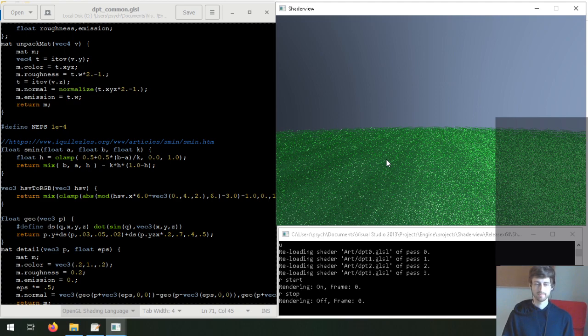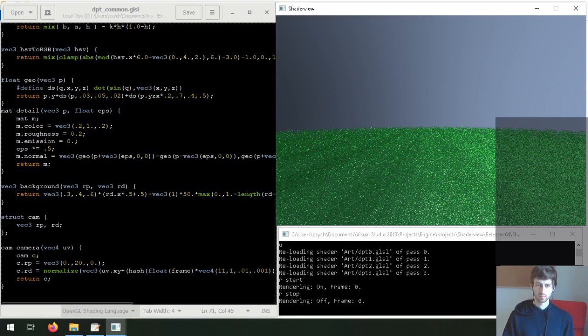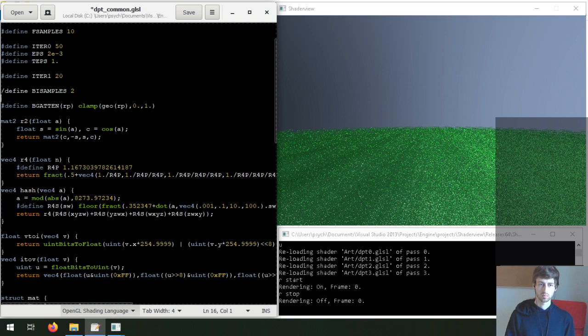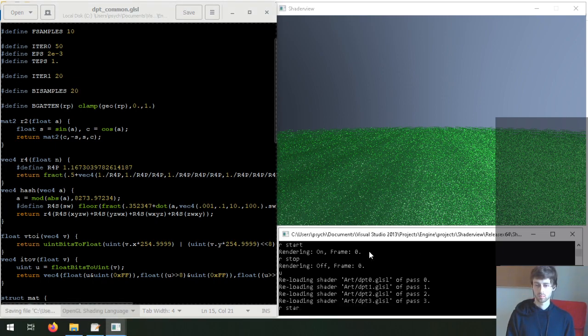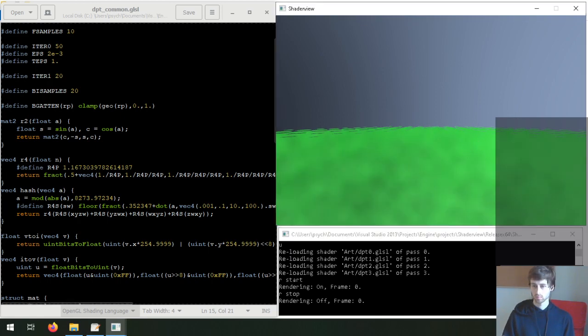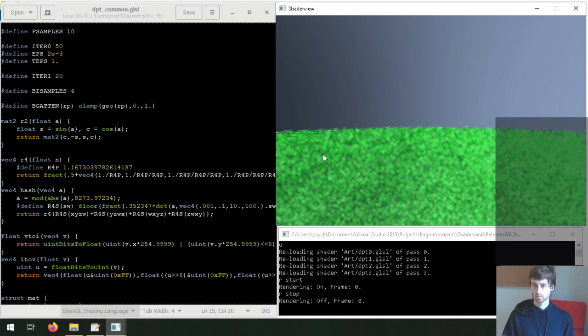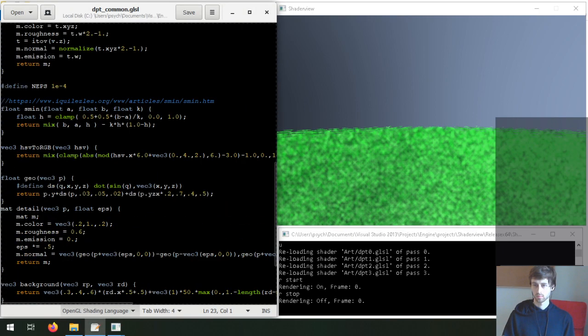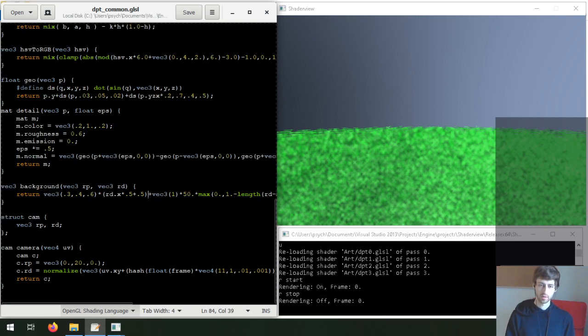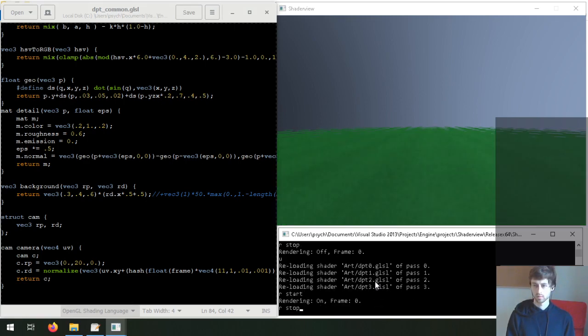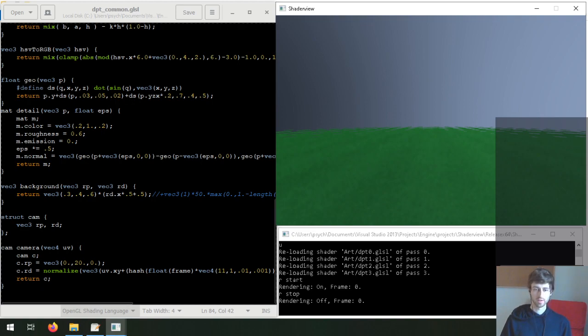That's better, but I think I'm gonna take away the sun for this. Yeah, you can actually see the bit of shading way easier now.